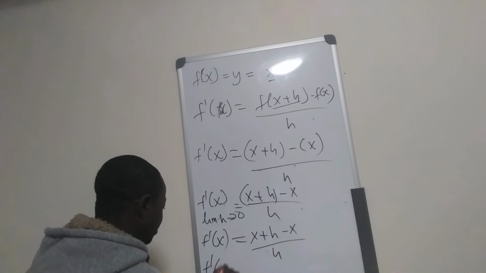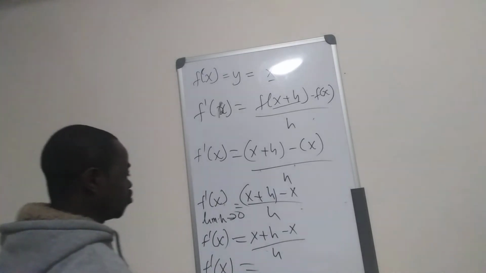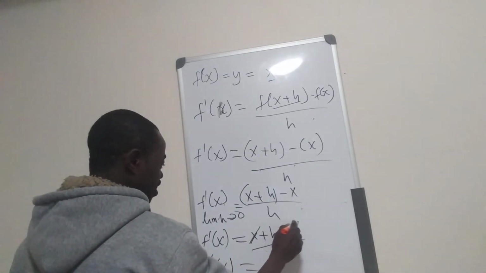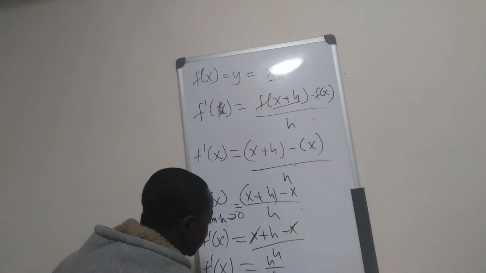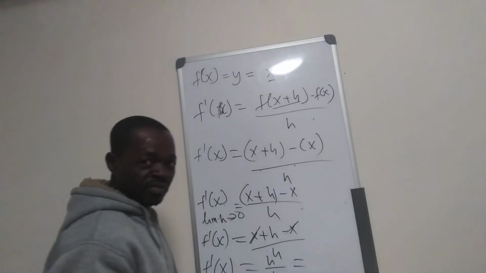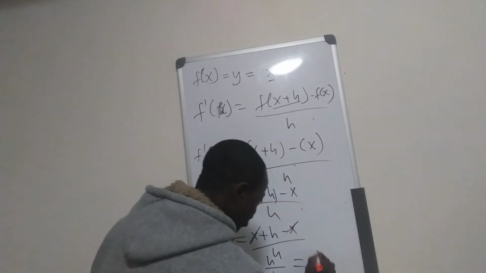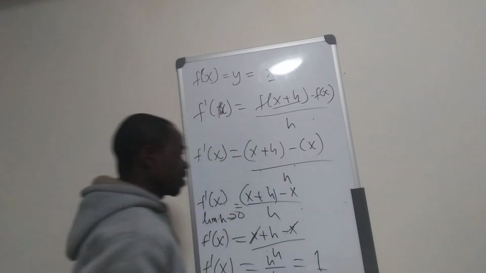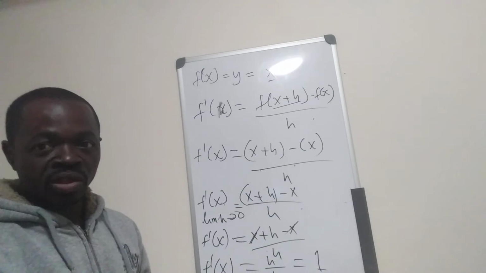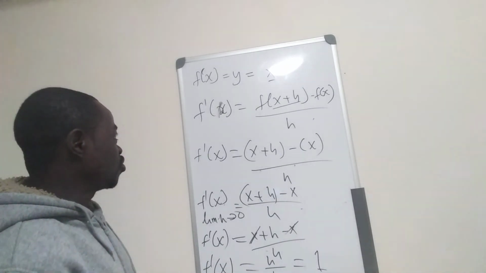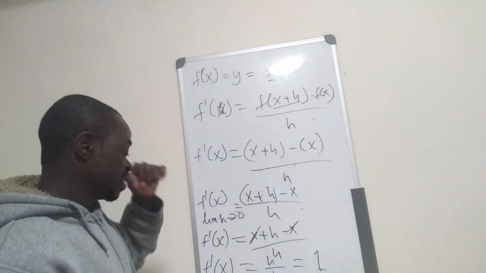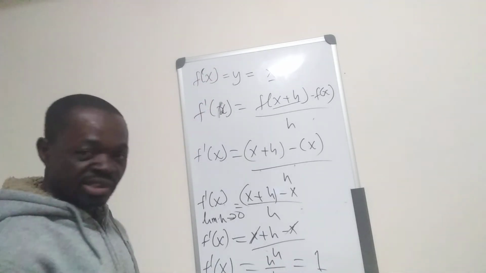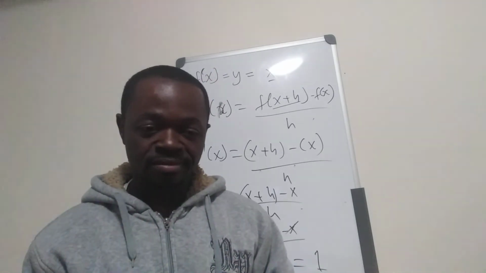So this x goes with that, and then you have h all over h. So if you divide h by h, that gives me 1. So if you differentiate x, you come up with 1 as your answer.